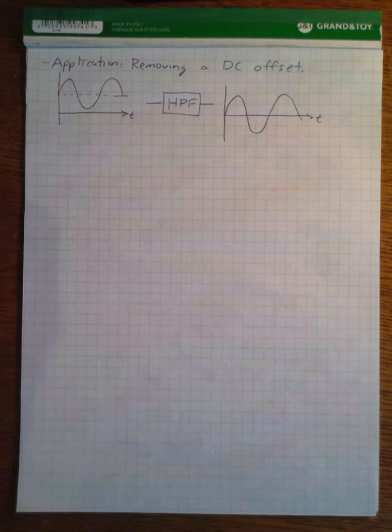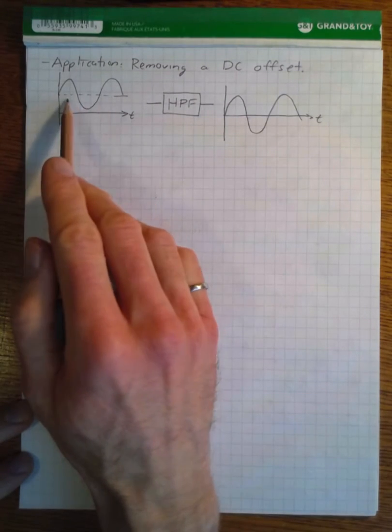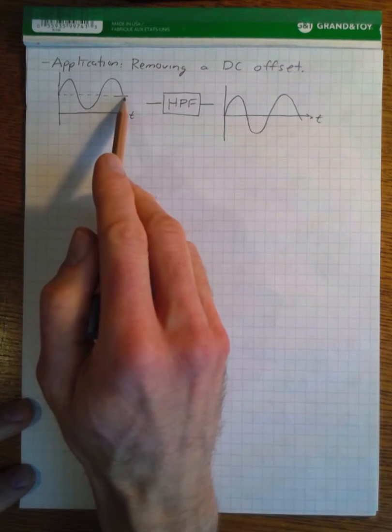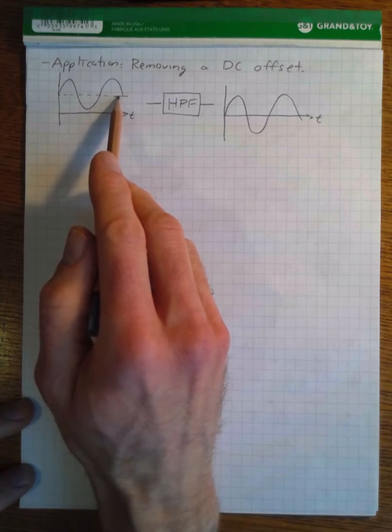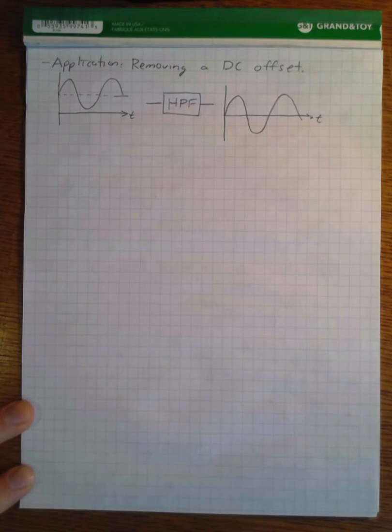And so if this was a very low frequency sinusoid, the filter would probably block some of the sinusoid itself. But as long as the frequency of oscillation of this sinusoid is above the cutoff frequency, the DC offset for sure is below the cutoff frequency, and the sinusoid basically passes through and it looks like it's been completely unchanged other than being translated downwards.